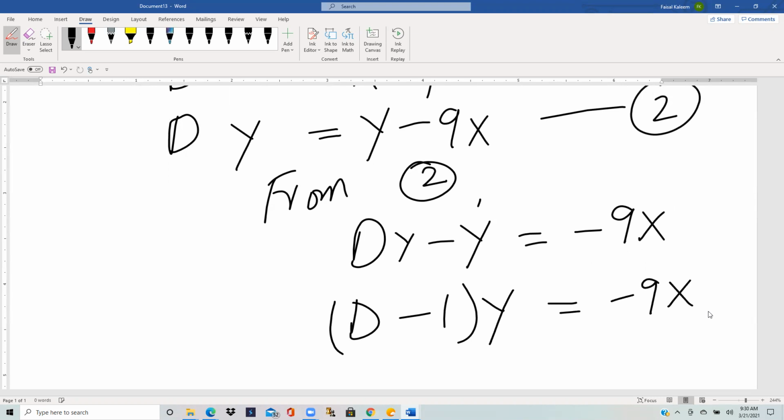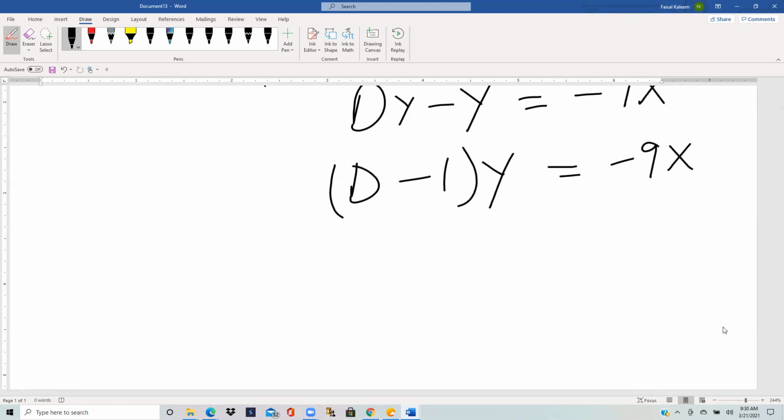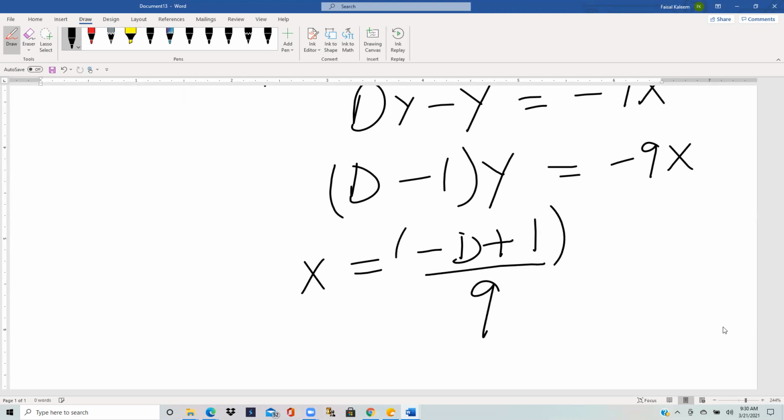And now if we divide by negative 9, we get x is equal to (negative D plus 1) over 9 times y.